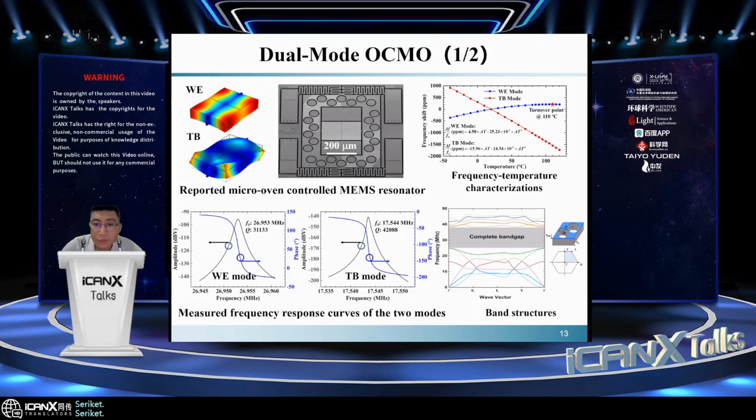So we can use the temperature monitoring resonator as an indicator to change the heating power and maintain the resonator at its turnover point. So the frequency output of the main resonator will have very high stability. In this design, we also use phononic crystals to reduce the anchor loss and reduce the thermal loss.